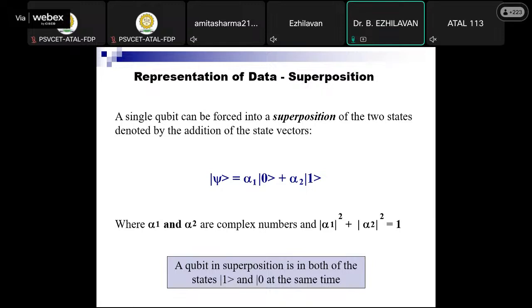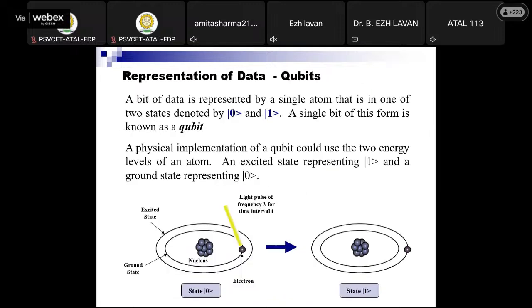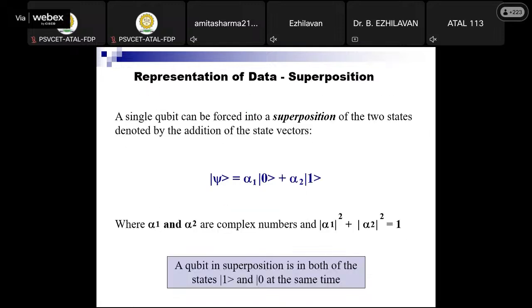In superposition, a single qubit is in a superposition of two states, which is denoted by this equation, known as psi ket. Psi ket equals alpha 1 0 ket plus alpha 2 1 ket.